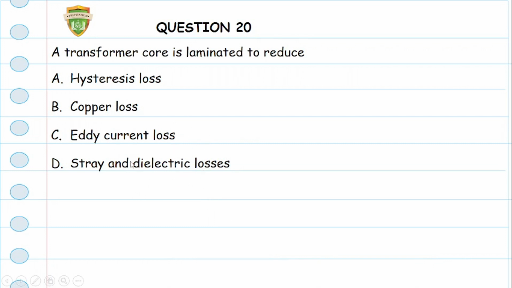These are all losses that happen due to those things. But a transformer core is not laminated to reduce hysteresis losses. It's not laminated to reduce copper loss, and it is not laminated to reduce stray and dielectric losses. The reason why a transformer core is laminated is simply to reduce the eddy current loss. So that means our answer will be C, eddy current loss.